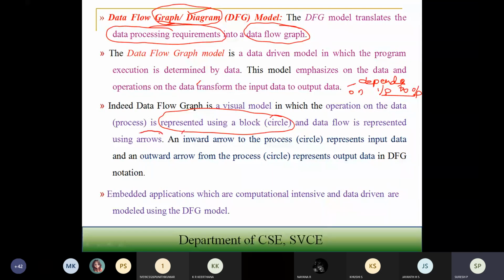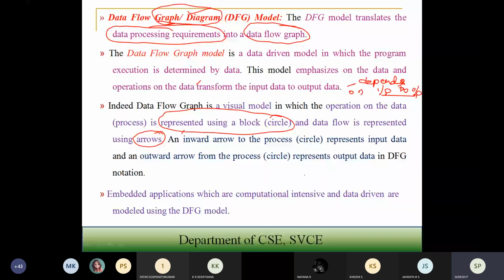Whenever you have an input arrow to the process circle, where the operation is represented by the circle, then it is called input data.